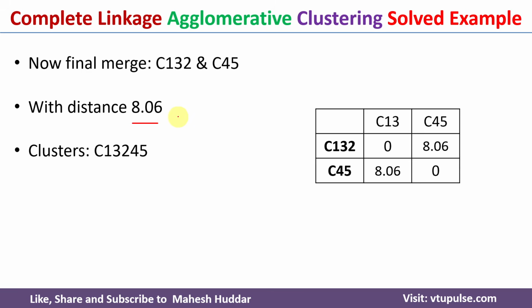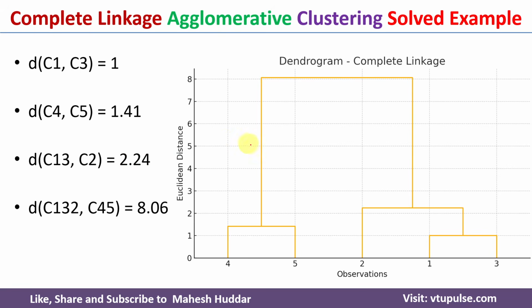Then we will get the final cluster C13245. Once you find the final merge, next we need to draw the dendrogram. First, we merge the clusters C1 and C3 with a merging cost of 1. After that, we merge the clusters C4 and C5 with a merging cost of 1.41. Then we merge the cluster C13 with C2 with a merging cost of 2.24.